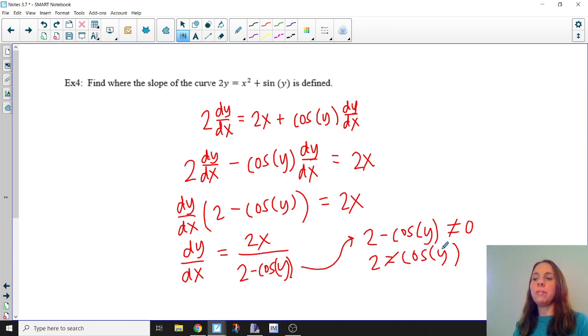Don't worry about the fact that it's a y, just what could go into cosine that would come out as a 2. Nothing. This never happens. Think about the cosine wave. It oscillates between -1 and 1. Does it go up to 2? No. So is this going to happen? No. Is this going to happen? No. What does that mean? There are no restrictions. Yay!